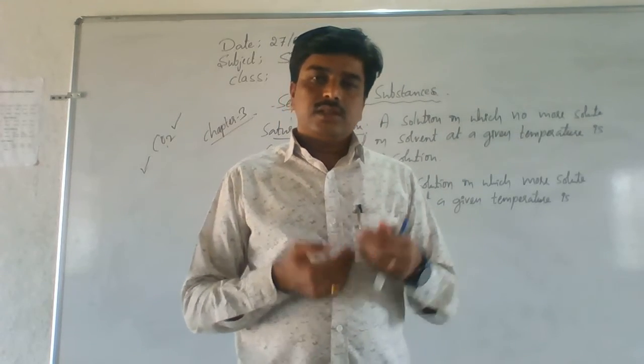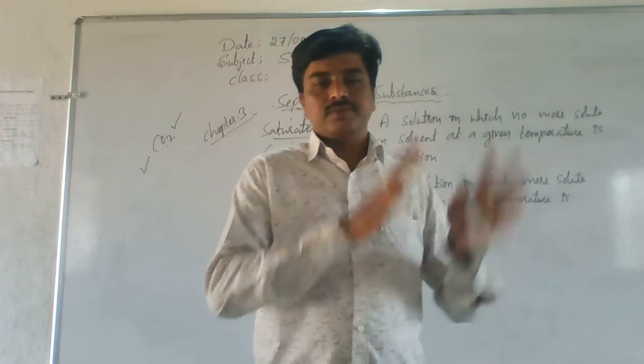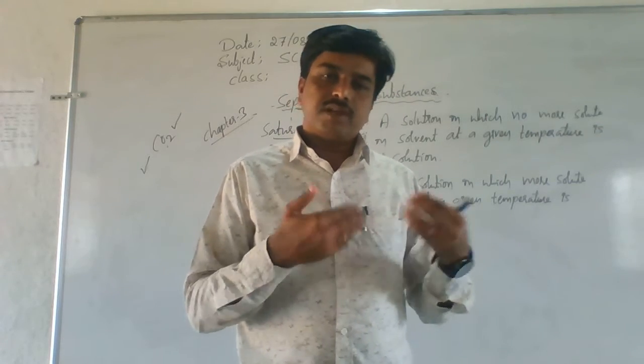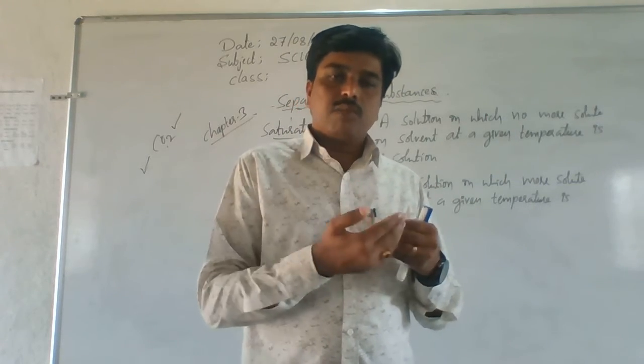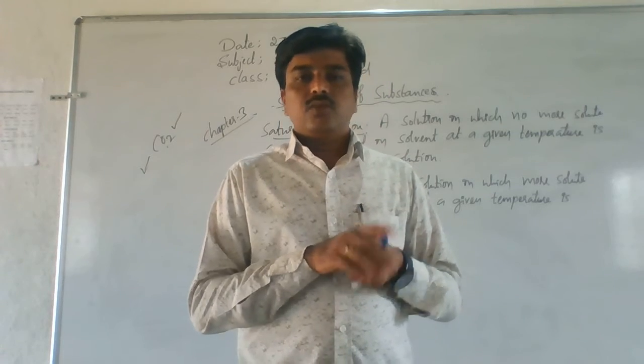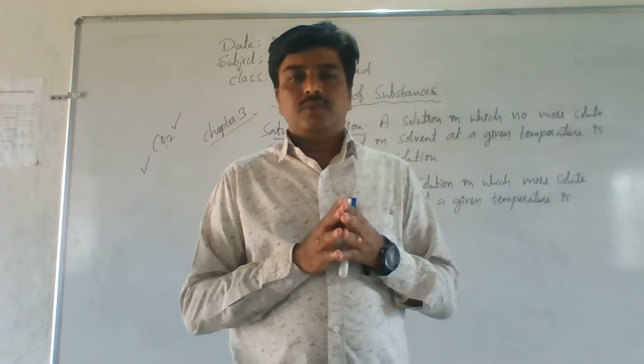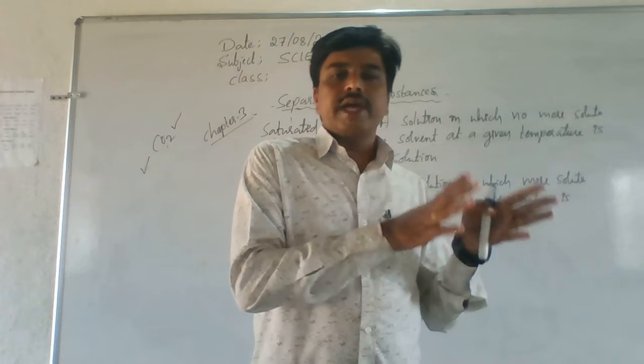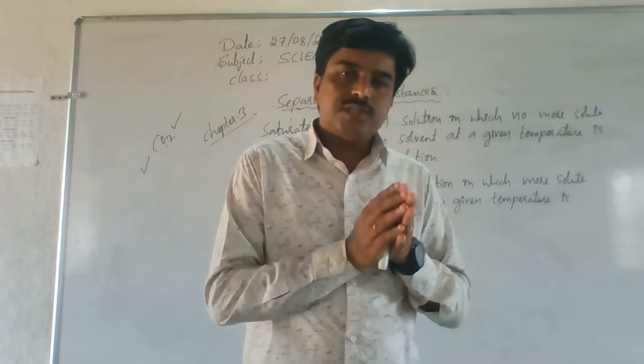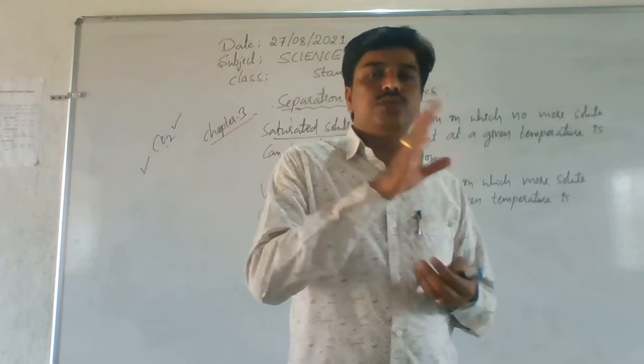Why, sir? The solubility of that water is over. Hence, it cannot dissolve more salt in it. So when you attain that condition, when no more salt can be dissolved in that water, that solution is said to be a saturated solution.